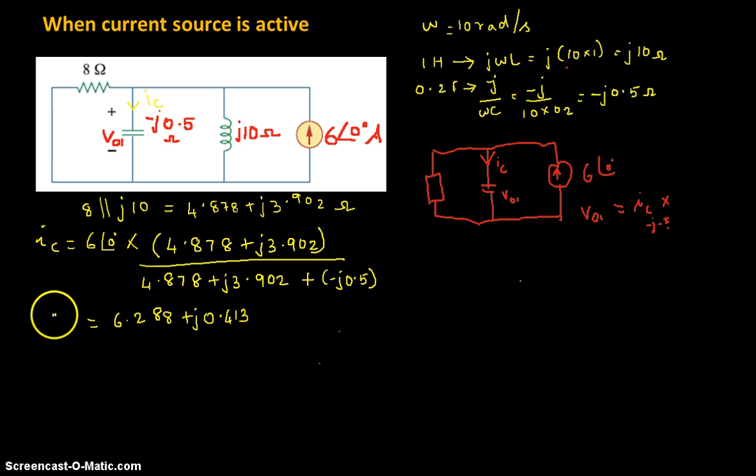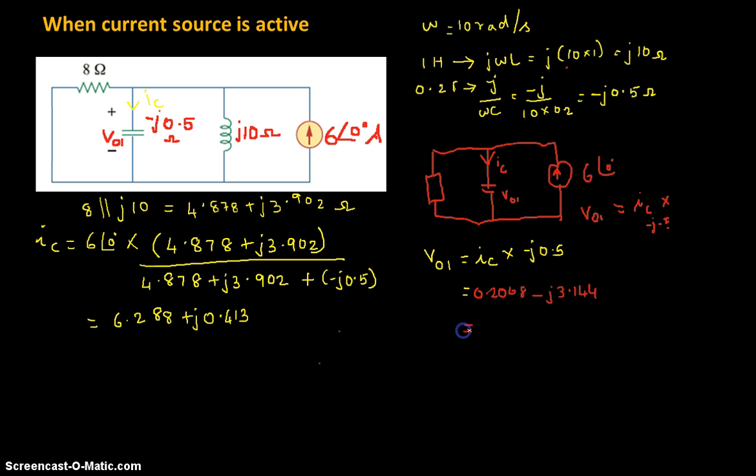Our aim is to calculate the voltage across the capacitor. So the voltage V01 will be equal to the current IC into minus j0.5. Therefore, when you multiply, the solution is 0.2068 minus j3.144.